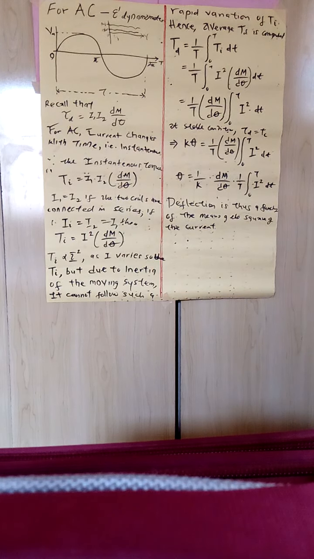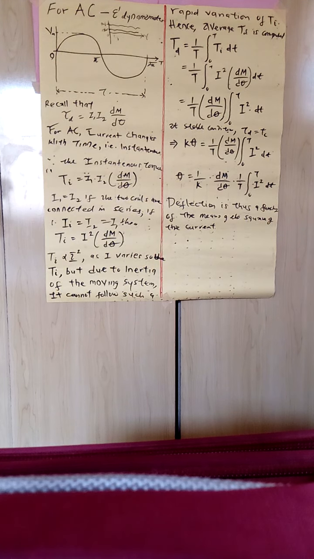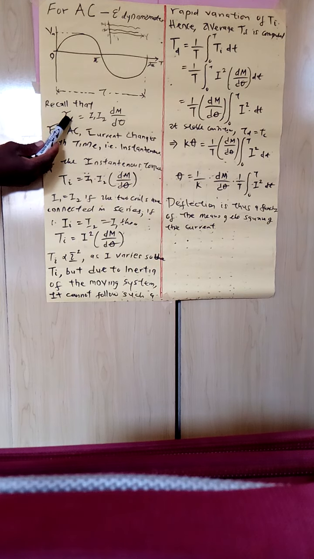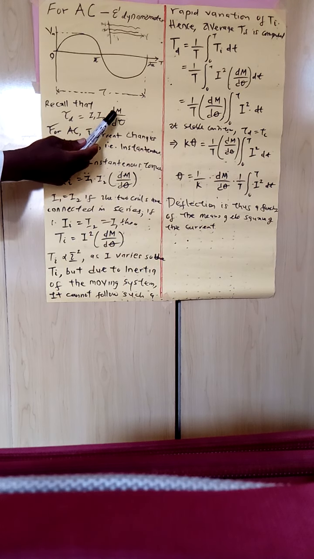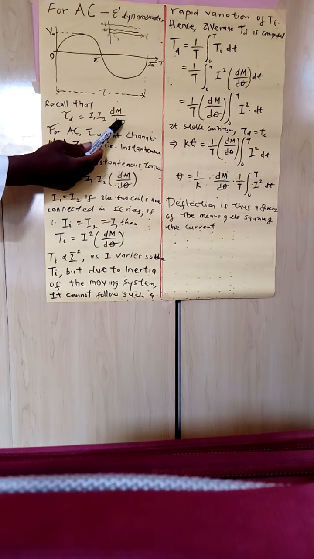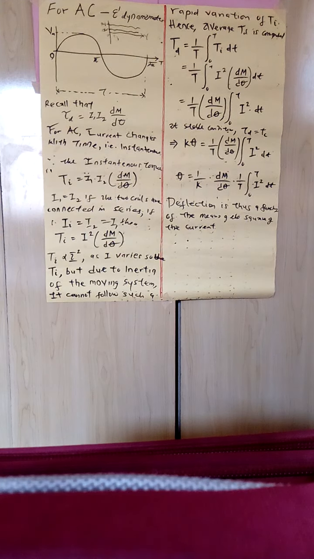But AC is not like that. AC varies with time. As time progresses, the wave changes with time, and the usual form is the sinusoidal form, which is this. Now, we should recall that our deflecting torque is equal to I1, I2 multiplied by dM/dθ. You know what I1 and I2 are from our earlier diagram.